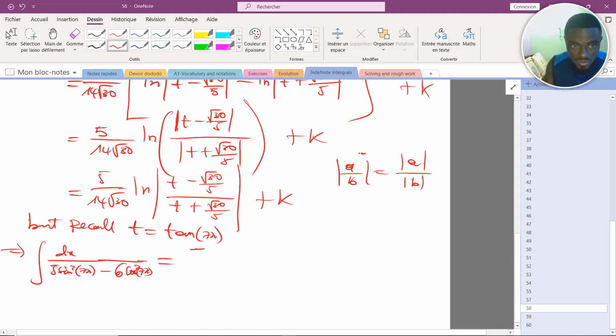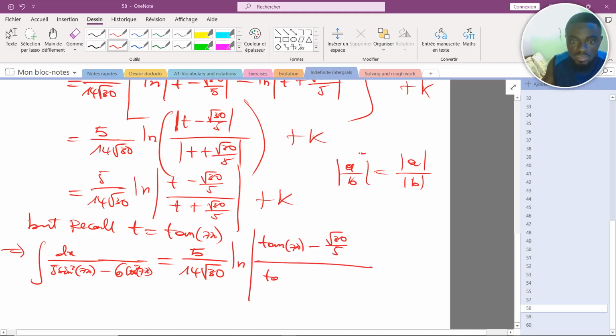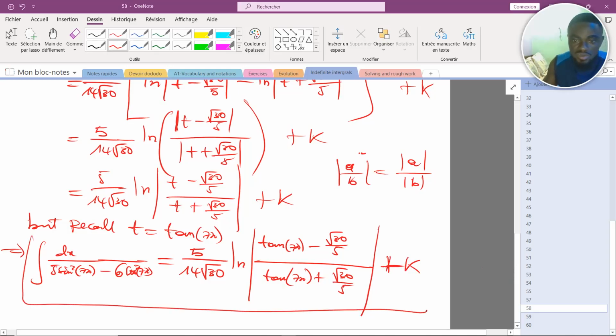So this will give 5 on 14 root 30 ln of the absolute value of tan 7x minus root 30 on 5 all over tan 7x plus root 30 on 5, plus our constant of integration. So that's the integral we were asked to find.